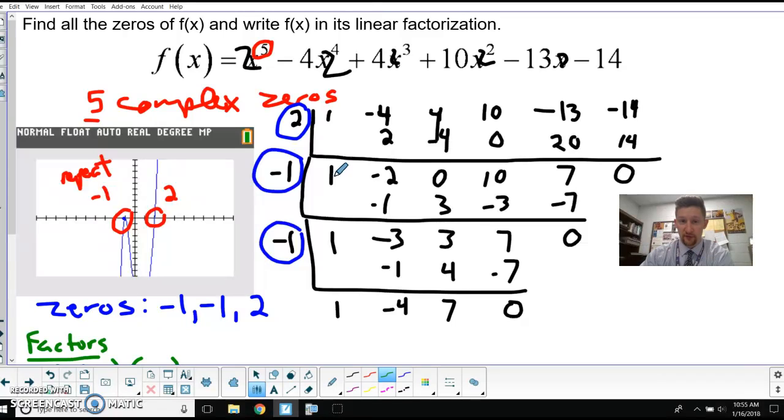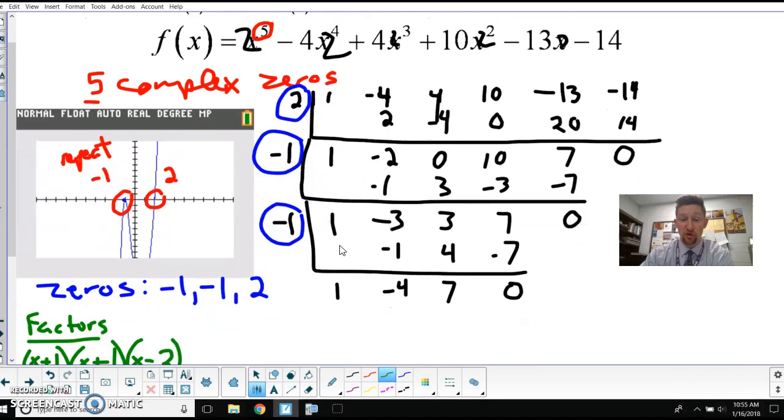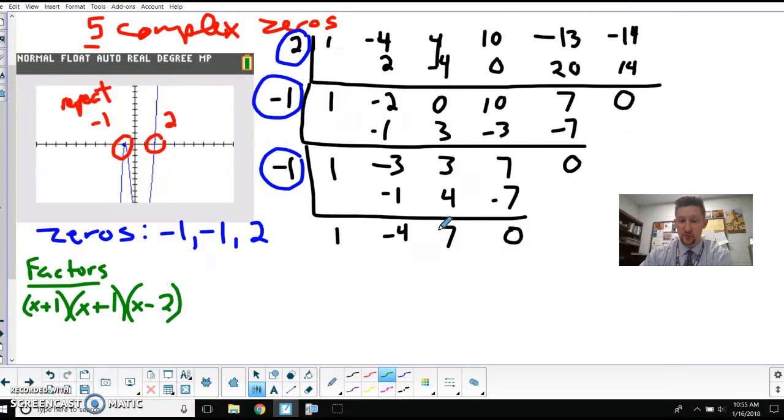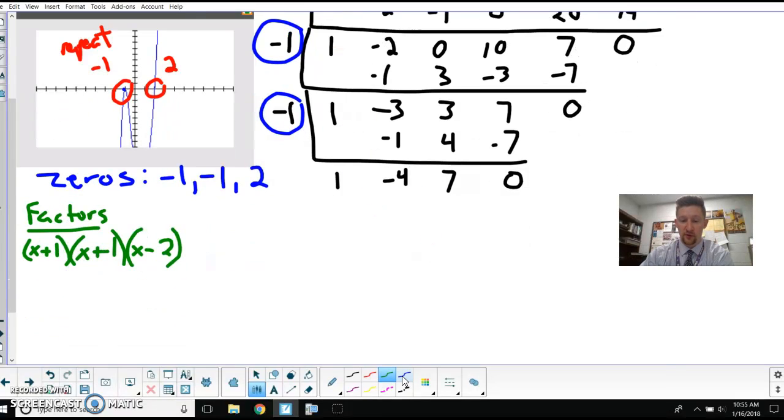Now this polynomial represents x to the 4th and some other stuff, and then I divided it, so now I'm down to x cubed, and I divided it by x plus 1. So now these 3 numbers right here, 1, -4, and 7, represent the depressed polynomial x squared minus 4x plus 7.